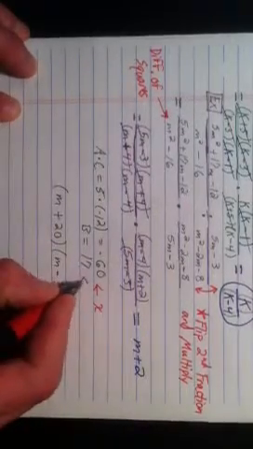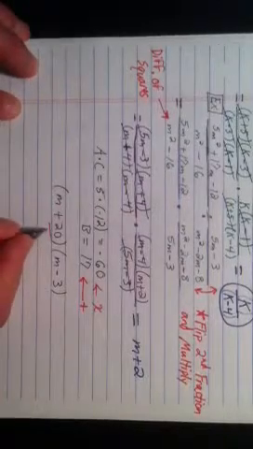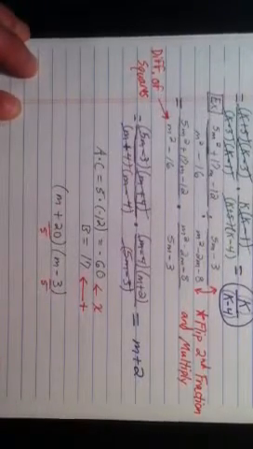Again, those numbers multiply to give us negative 60 and add to give us 17. But then we have to divide by the a value, which in this case is 5. So we divide by 5, divide by 5. And then we want to reduce. So 20 divided by 5 gives us 4.